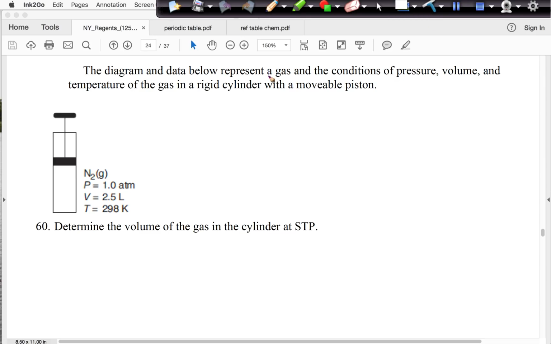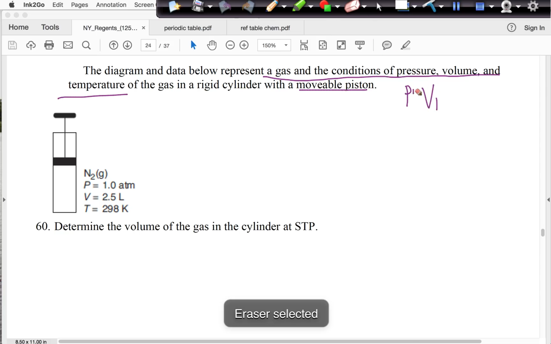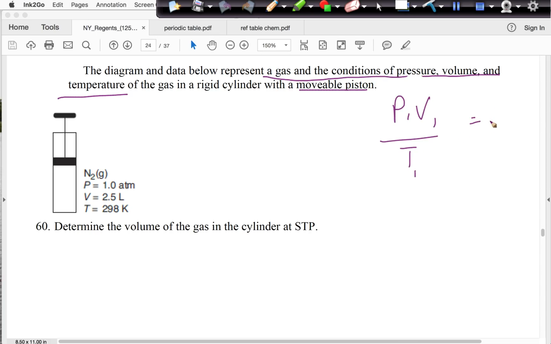So it says it represents gas and the conditions of pressure, volume, and temperature in a rigid cylinder with a movable piston. This sounds to me like they're mentioning pressure, volume, and temperature, which means it's probably going to have something to do with P1 V1 over T1.